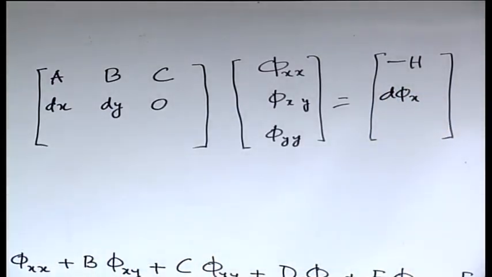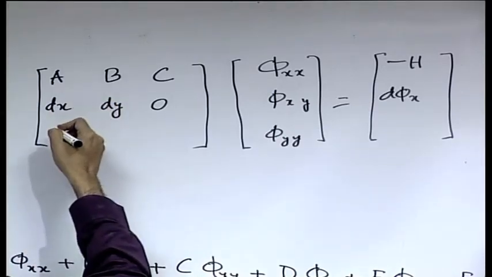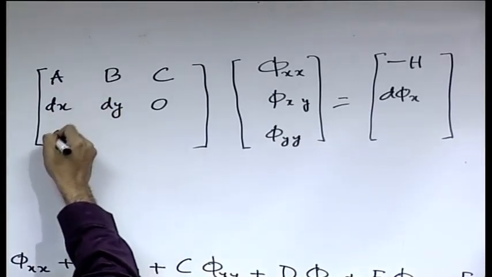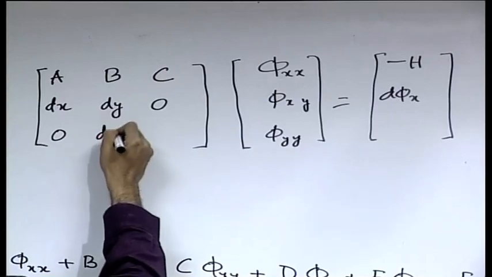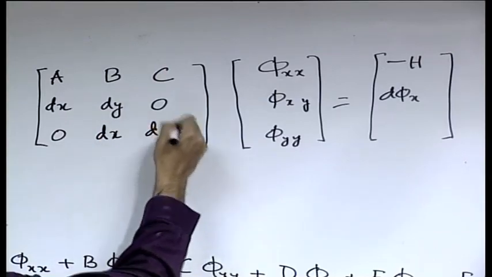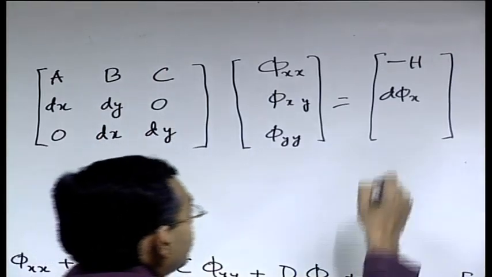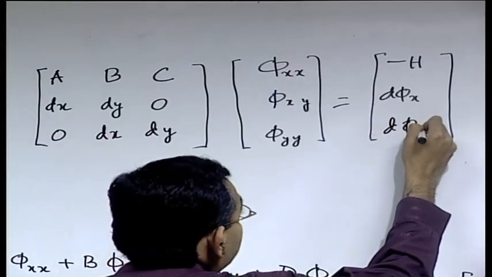And the third one, this is 0, phi xy into dx and this into dy is equal to d phi y.